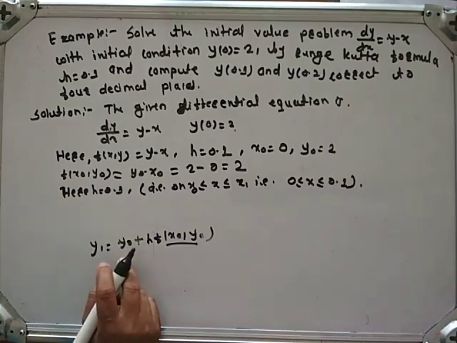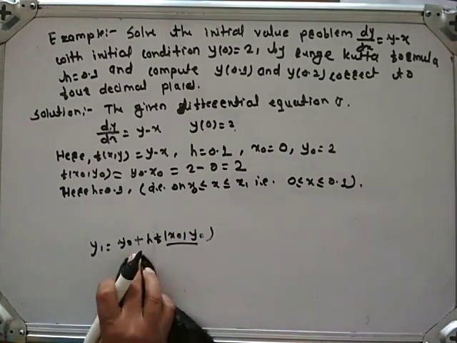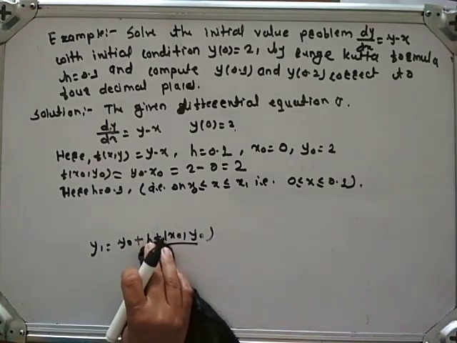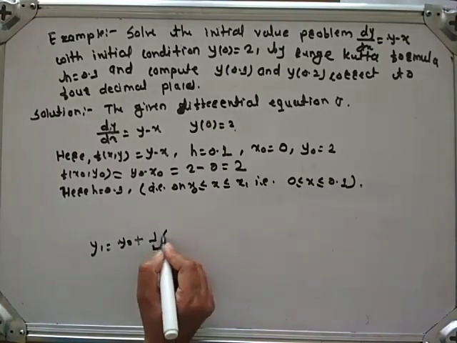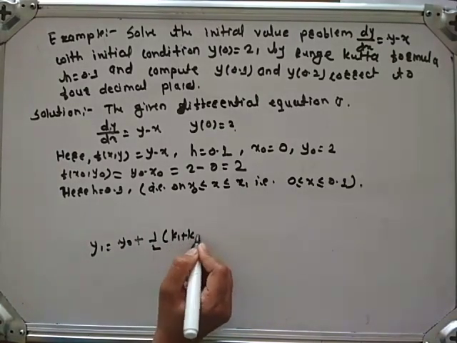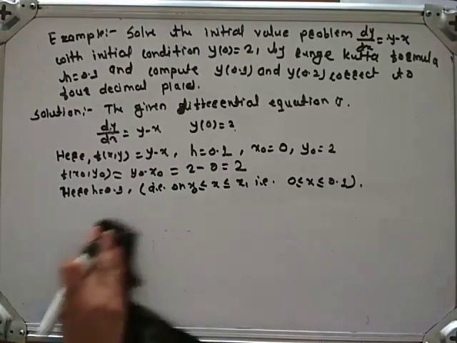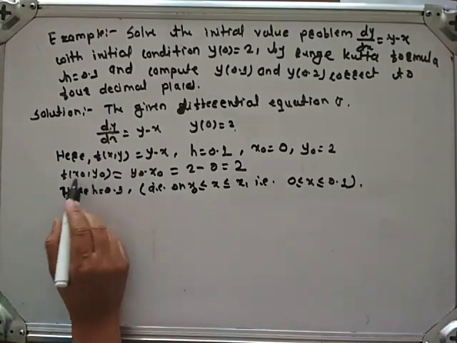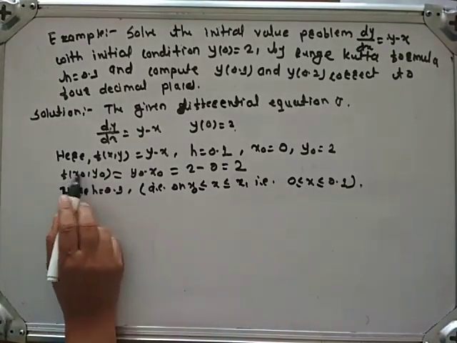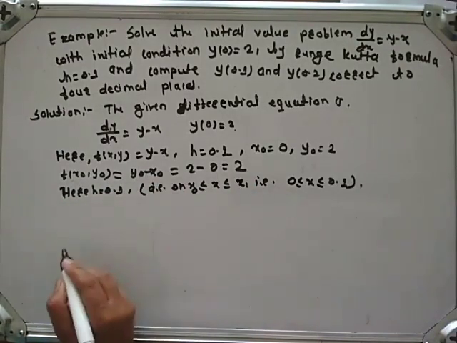Our formula is y1 is equal to y0 plus 1 by 2 into k1 plus k2. Now we have to find k1 and k2. To find the values of k1 and k2 we require f of x0, y0, which we have calculated.